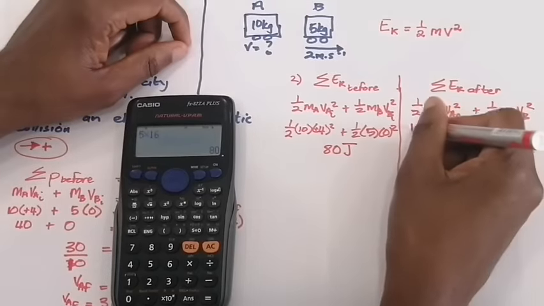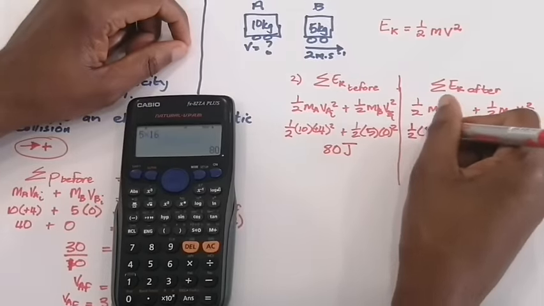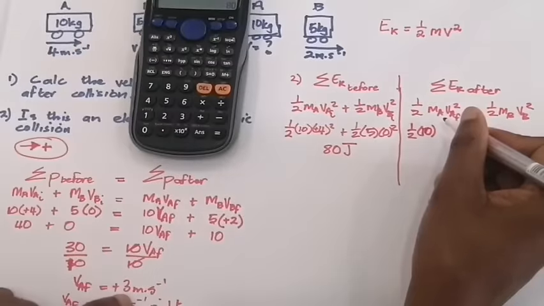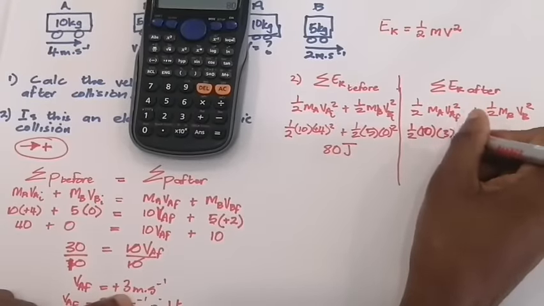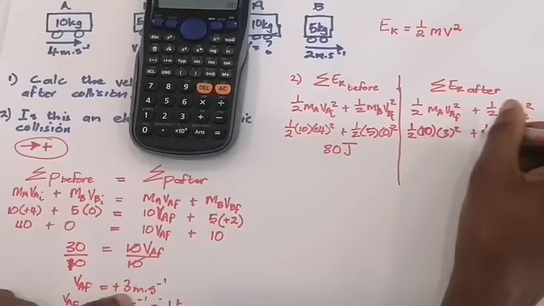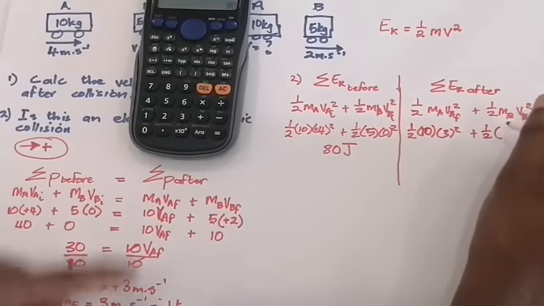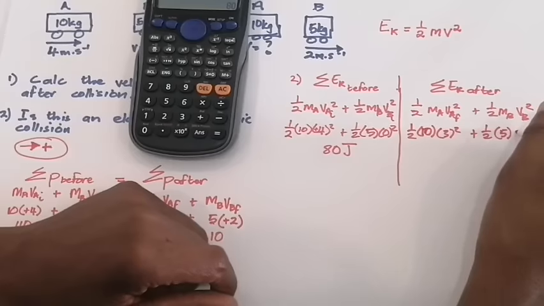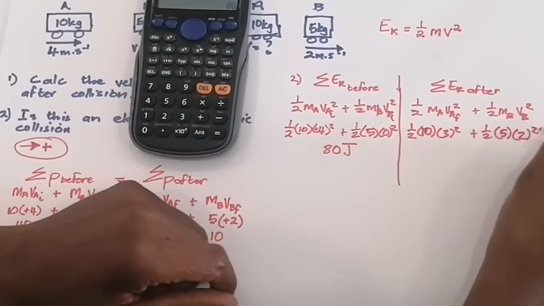So that's half times the mass of A, which is 10. Final velocity of A, please remember we said that was 3, so I'm going to substitute that there. So that's half times the mass of B, which is 5, and the velocity of B after collision is 2 squared.